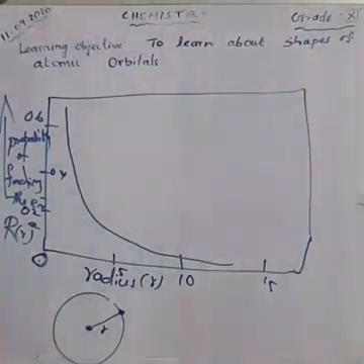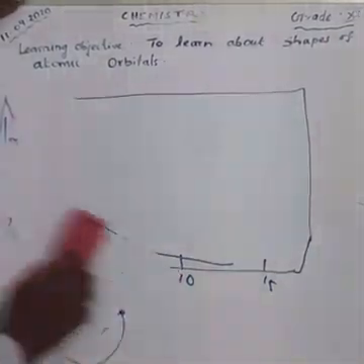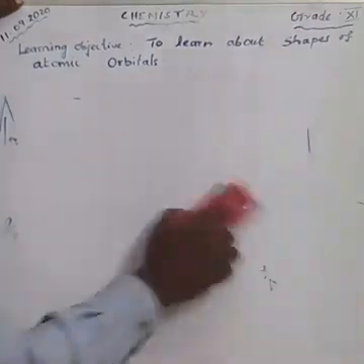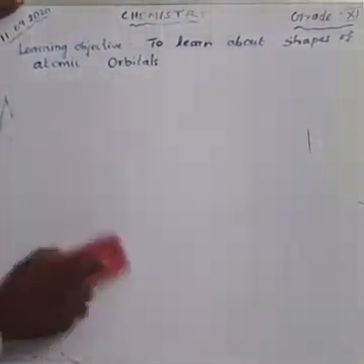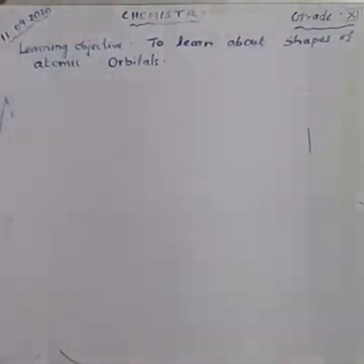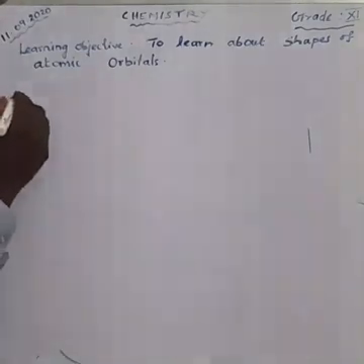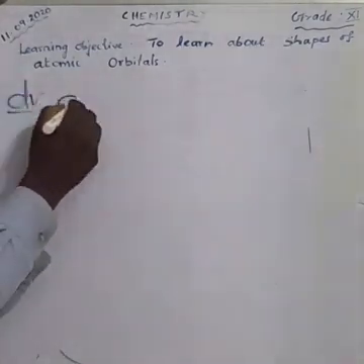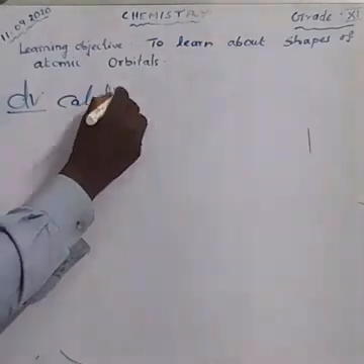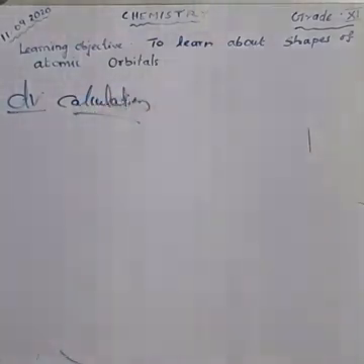Next, how can we consider the volume of the hydrogen atom, the dV calculation? The volume is bounded by two spheres. We take two spheres of radii r.